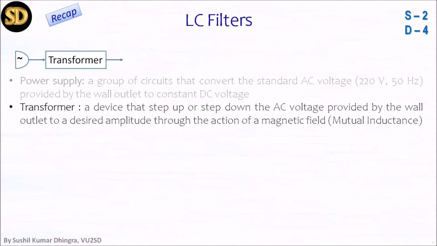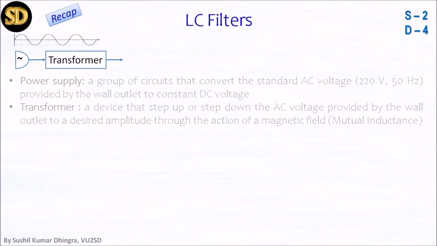This transformer is a device that steps up or steps down the AC voltage provided by the wall outlet to the desired amplitude through the action of a magnetic field. This magnetic field, or mutual inductance, has already been explained in previous sessions. So the AC wave comes to the transformer and is converted to the desired level as per our need, maybe 6, 9, 12 or even 15 volts if it is stepped down.